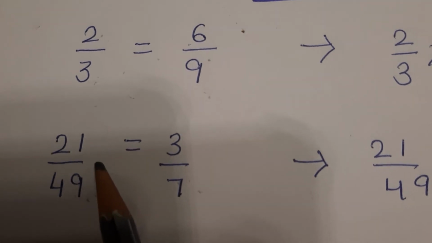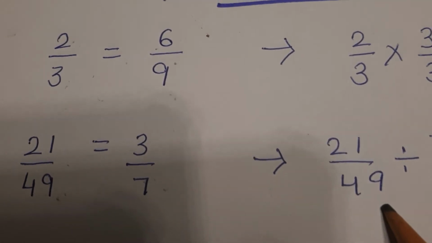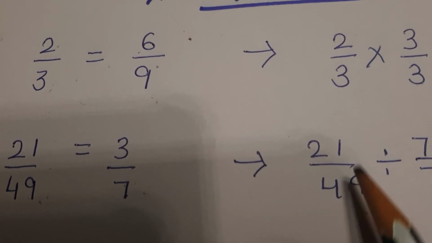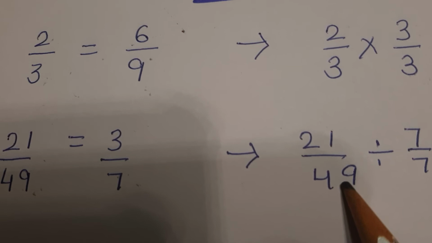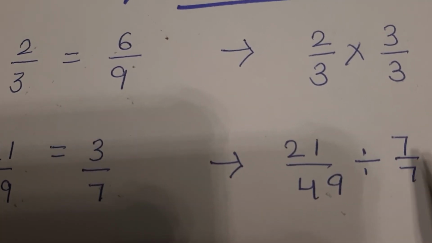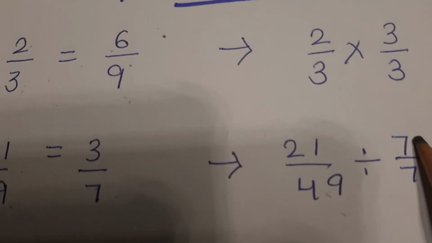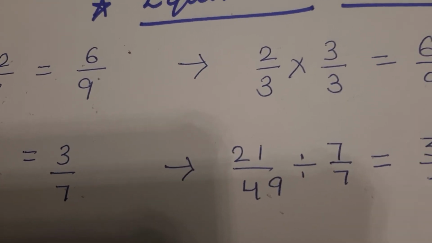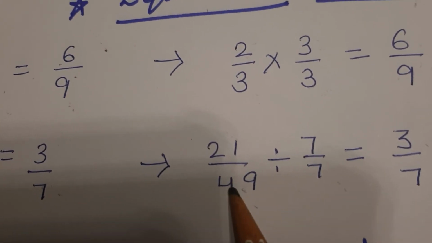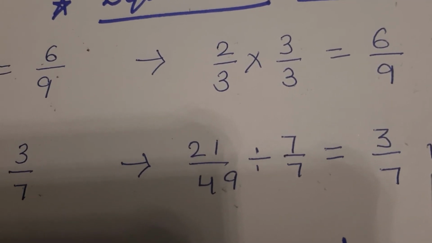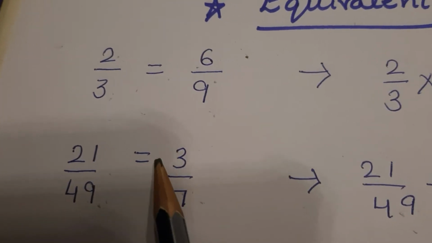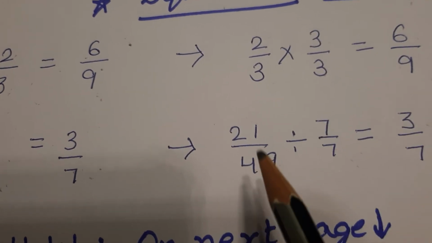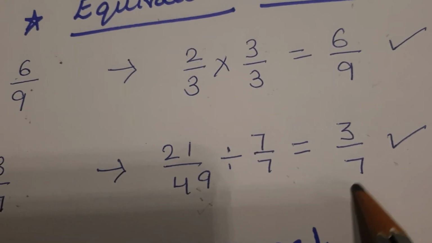I will take the first fraction, 21 over 49, and I can see that they have a common factor. Both numbers are divisible by 7. So I am dividing numerator and denominator by 7. 21 divided by 7 gives 3. 49 divided by 7 gives 7. So in this way 21 over 49 is equal to 3 by 7.